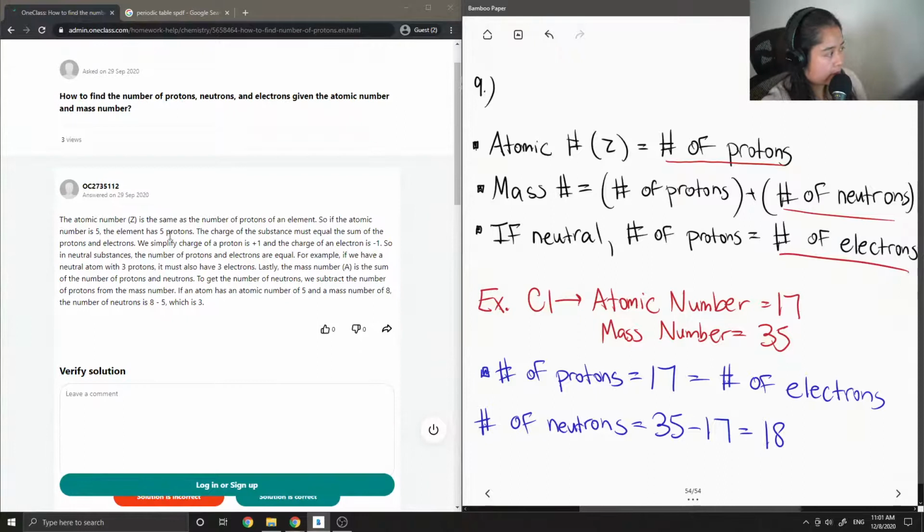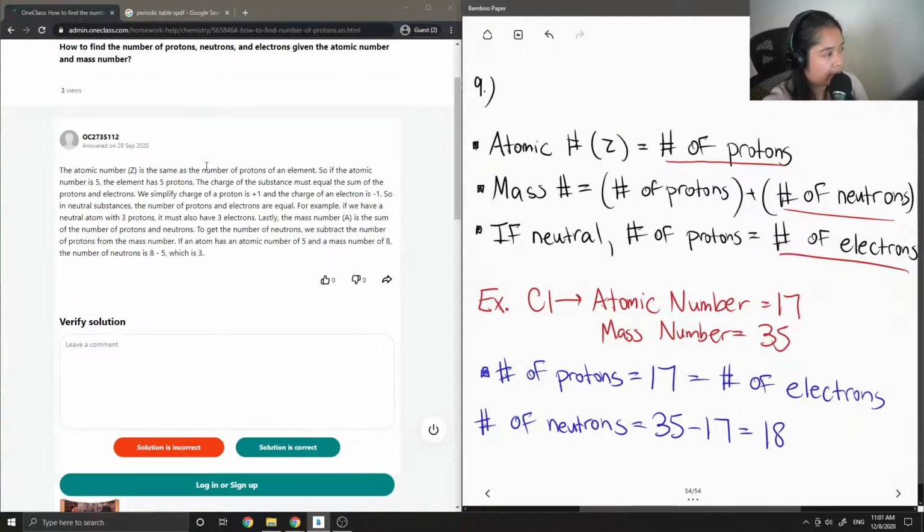Okay, so the junior tutor said the atomic number Z is the same as the number of protons of an element. So if the atomic number is 5, the element has 5 protons. The charge of the substance must equal the sum of the protons and electrons. We simplify: the charge of a proton is +1, and the charge of an electron is -1. So in neutral substances, the number of protons and electrons are equal.